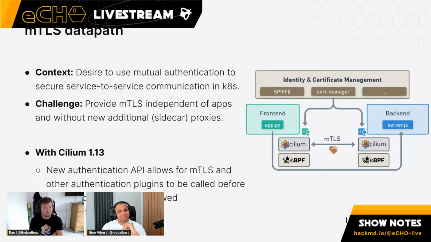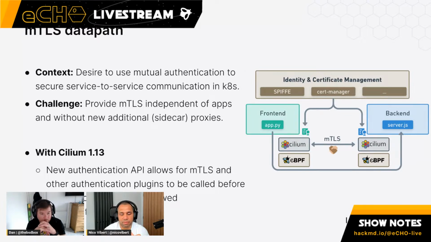Right. The MTLS data path. That's a cool feature, but actually not something that is really user facing right now. But it's part of our wider plan. If you look back to the blog post that Thomas Graf did back in May 22, where he talked about the future of Cilium service mesh and what we're looking at doing from a security point of view.